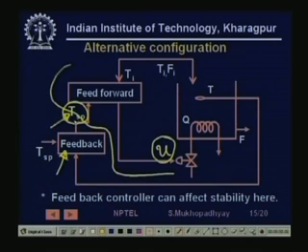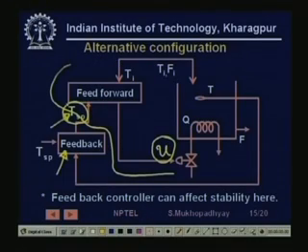So that is what is being done here. The feedback controller looks at the temperature, and depending on the error it keeps on raising or reducing the set point to the feed forward, which gives its control input accordingly. So these are two different configurations in which a feed forward controller can be combined with a feedback controller, and here also the feedback controller can affect stability.